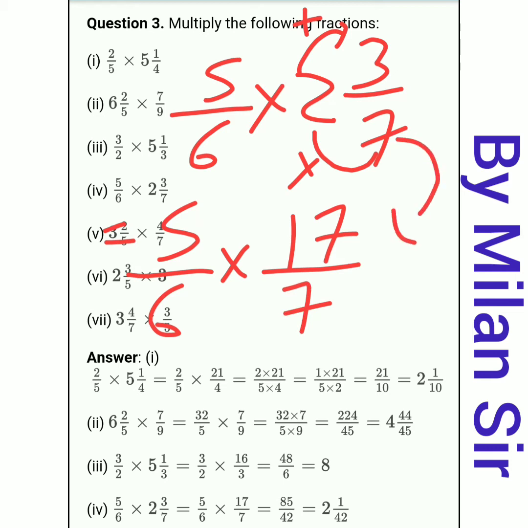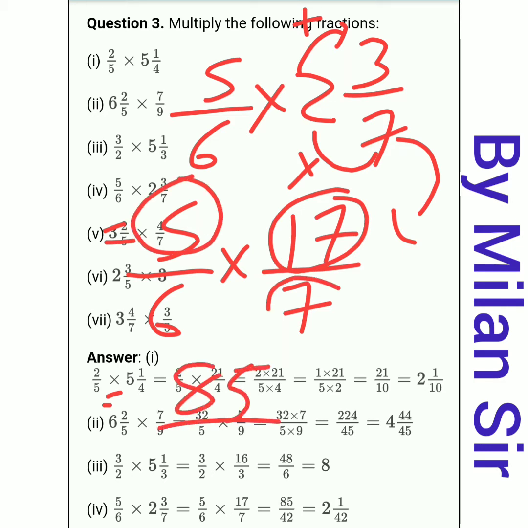Here we cannot cut anything, so directly we do multiplication. In numerator 17 5s are 85 and in denominator 7 6s are 42.